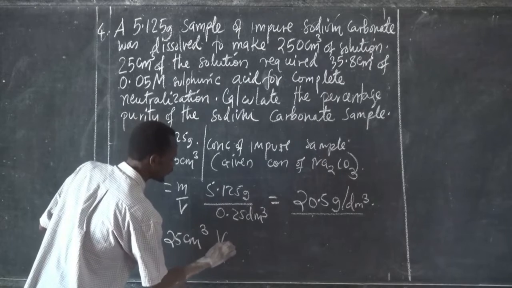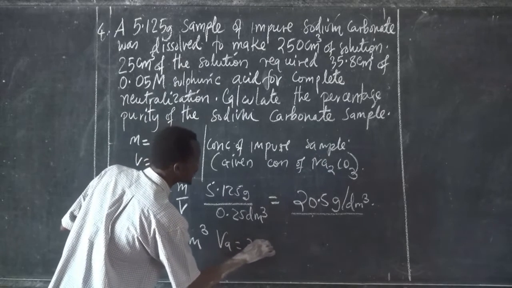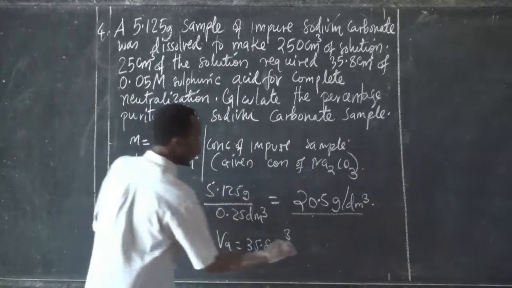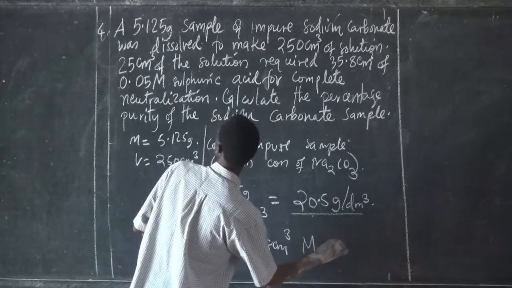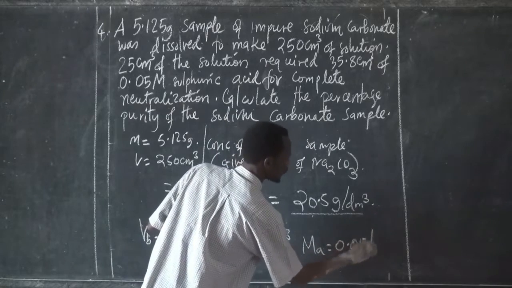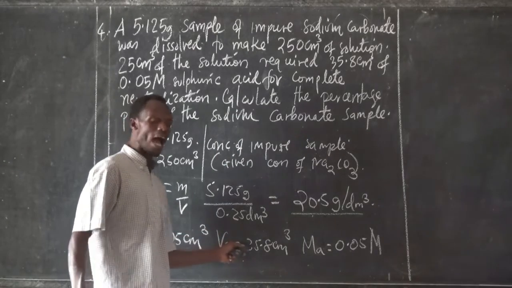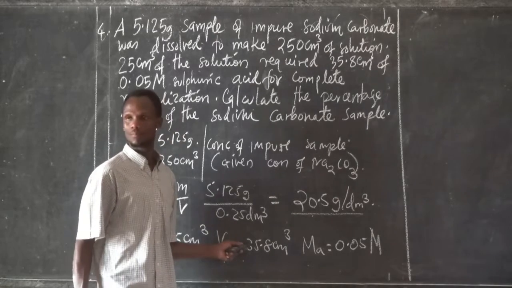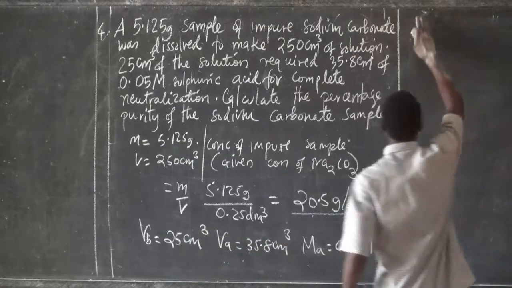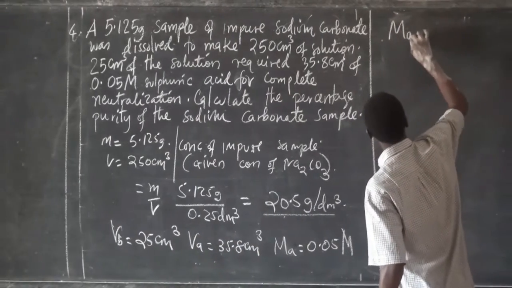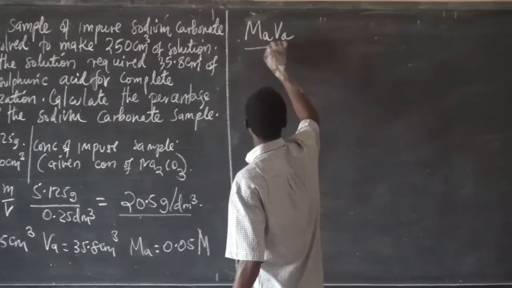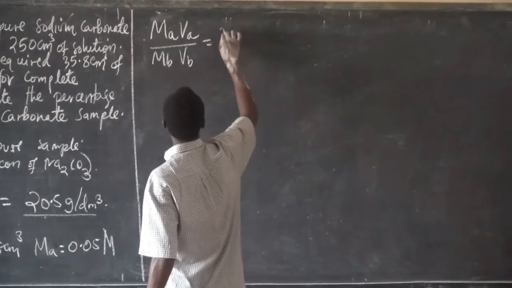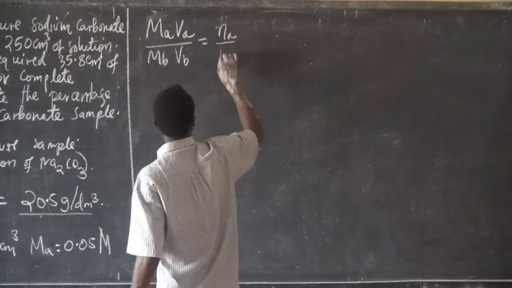Now we have volume of acid, 35.8 centimeter cubic, and molarity of acid, which is equal to 0.05 molarity. From this start is where we obtain the molarity of base, using the general volumetric formula: molarity of acid times volume of acid over molarity of base times volume of base is equal to number of acid over number of base.